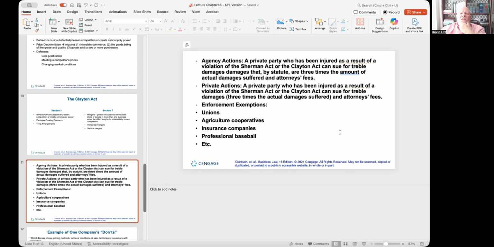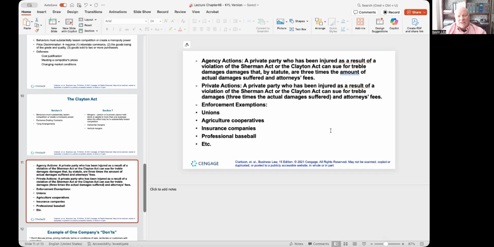Now, once federal agencies find that there's a violation, what happens? If you're a private party, you or your company, and you think you've been injured by anti-competitive antitrust activity by another company, you could actually sue for damages and you can get 3 times your damages plus attorney's fees if you win.